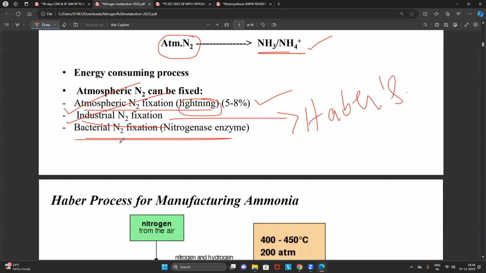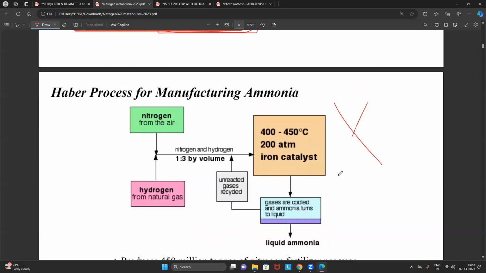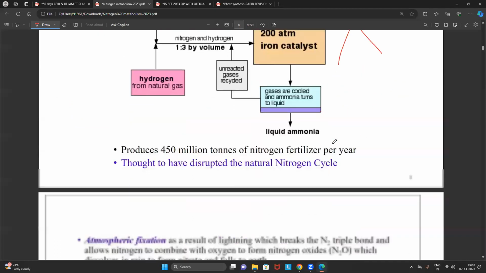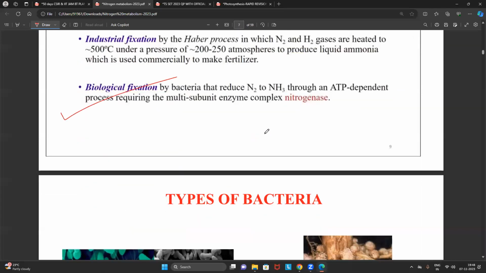We have to focus on bacterial nitrogen fixation. If nitrogen fixation is to be done, we require a versatile enzyme. What was that versatile enzyme? Nitrogenase enzyme. I don't want you to focus on any chemical processes, not required at all. We exclusively focus on biological.